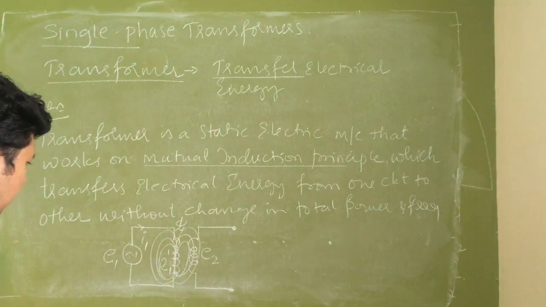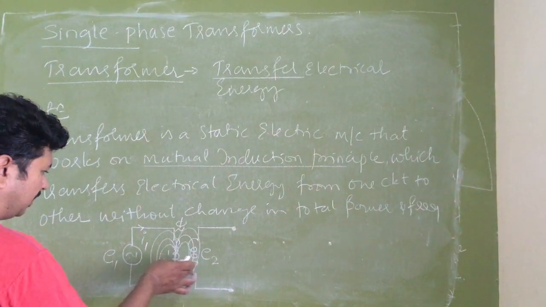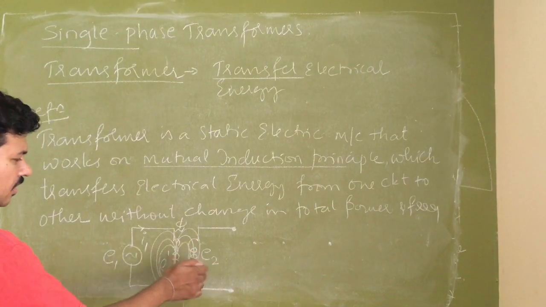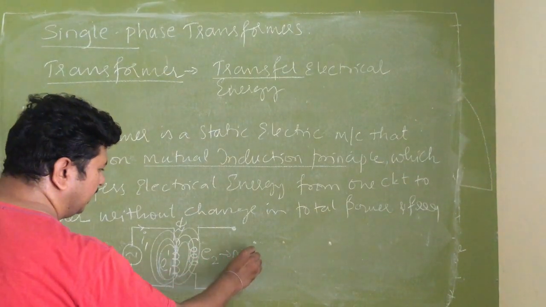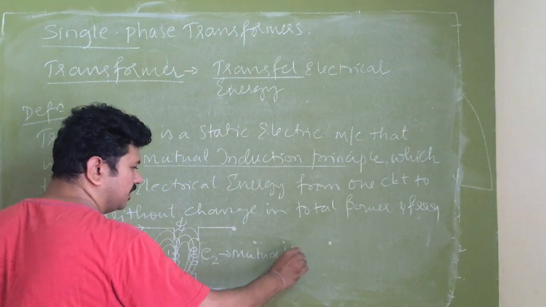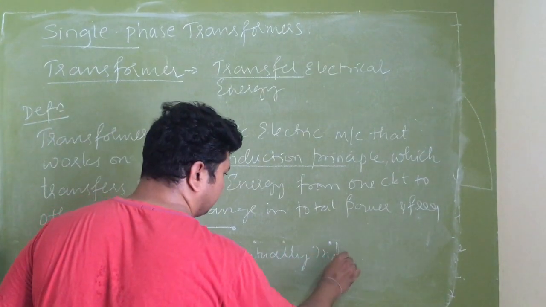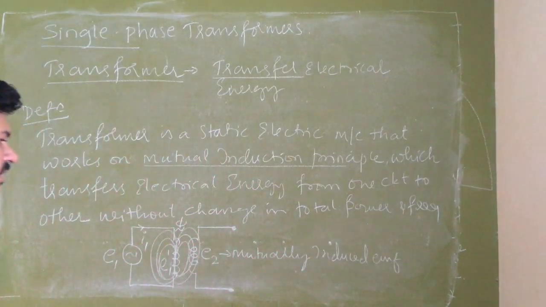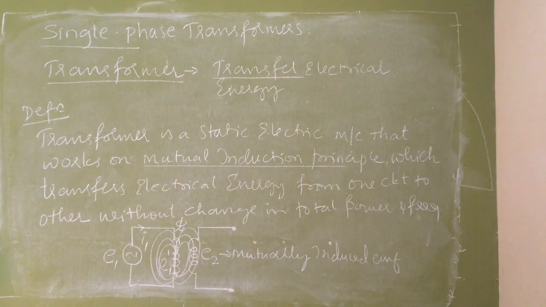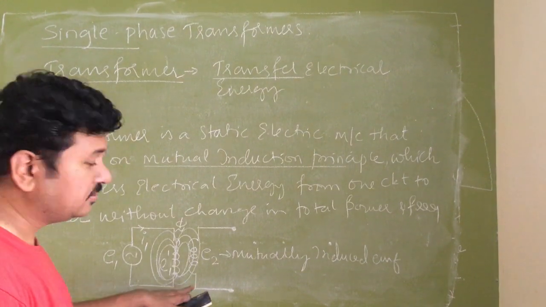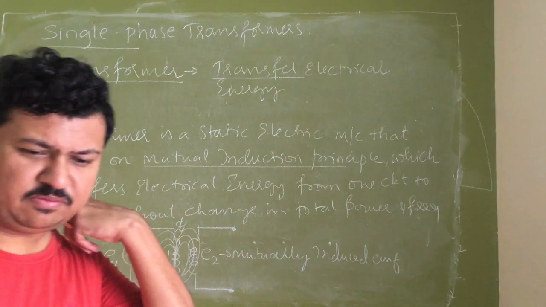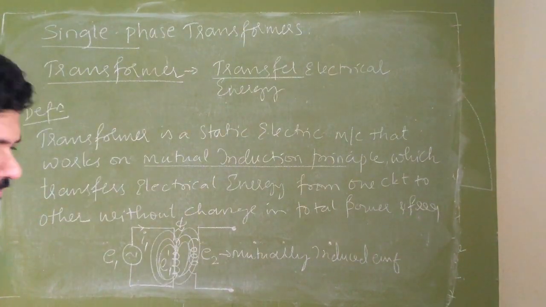Because there is a mutual magnetic connection between the first coil and the second coil, E2 is called the mutually induced EMF, and the process is called mutual induction, which is also static. Both self-induced EMFs and mutually induced EMFs are statically induced EMFs.